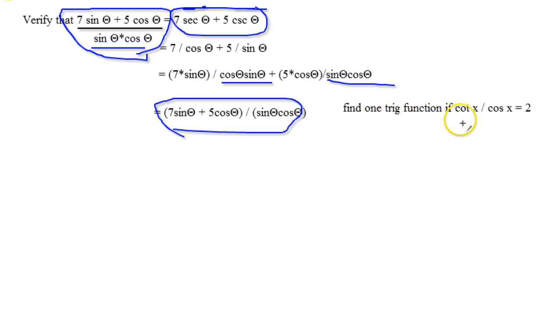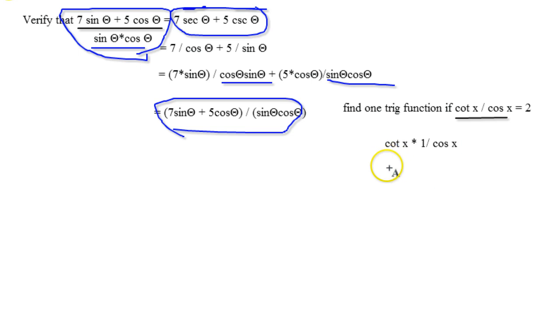Find one trig function if cotangent of x divided by cosine of x is equal to 1/2. Okay. If we take a look at this and try to simplify it a little bit, what we're going to do is separate it into two parts: cotangent of x times 1 over cosine of x.